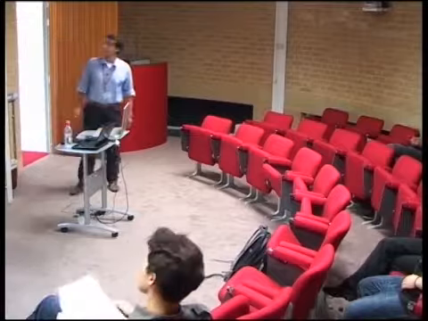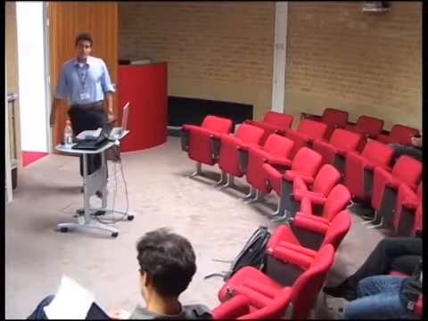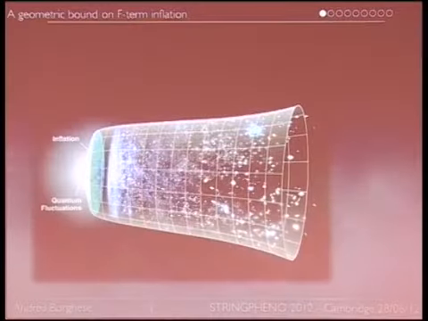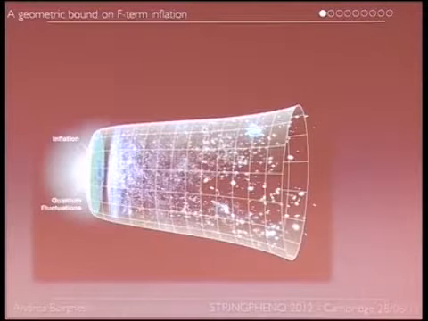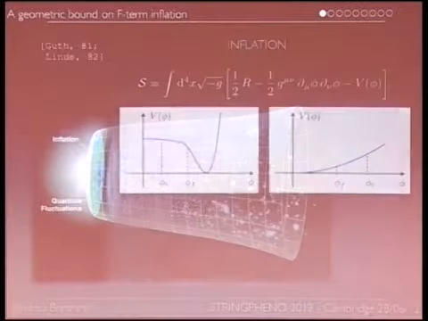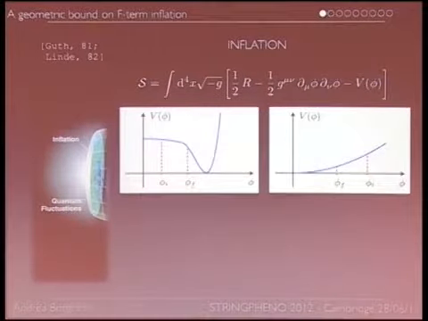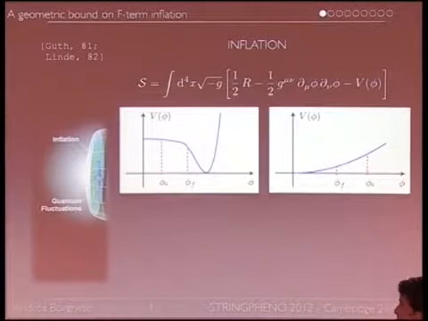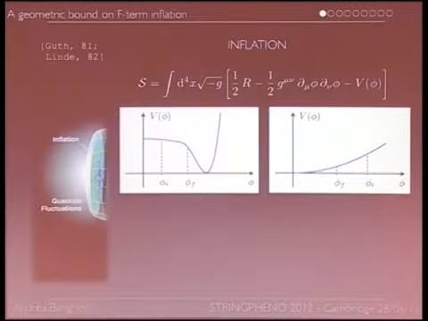So I will start from the most abused picture of the conference, probably, or maybe not. This is supposed to be the history of our universe. And I will focus mainly on the first stages of this history. These stages are supposed to be described by inflation.